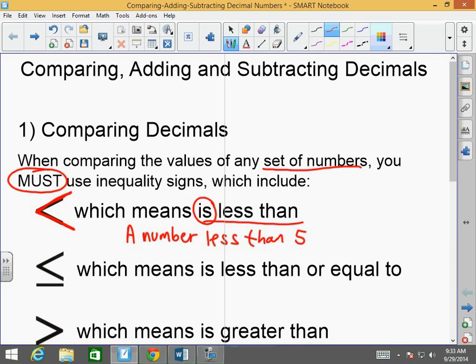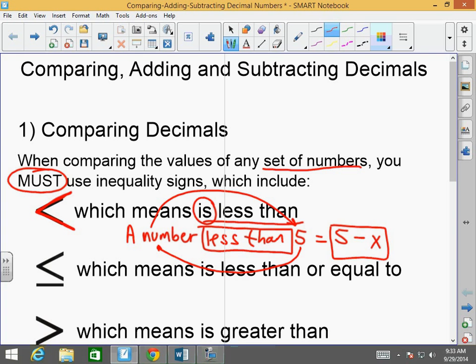No. So what this is going to translate to is 5 minus a number x. When you just see the words less than, it means that you're switching the last part for the first part, and it's a subtraction. That's when it just says less than.